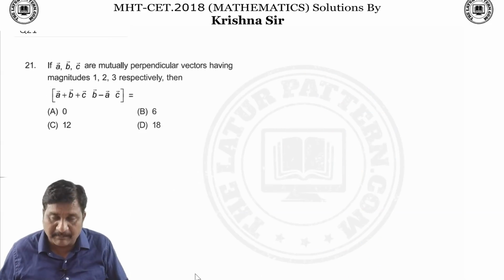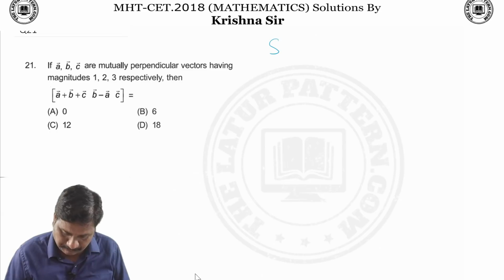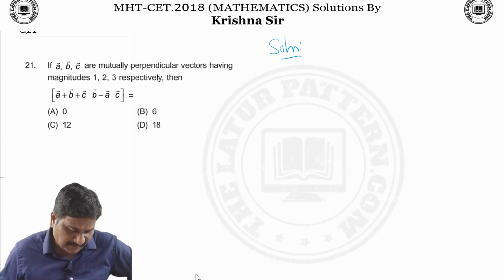Solution of question number 21. Given problem, if A bar, B bar, C bar are mutually perpendicular vectors having magnitudes 1, 2, 3 respectively.